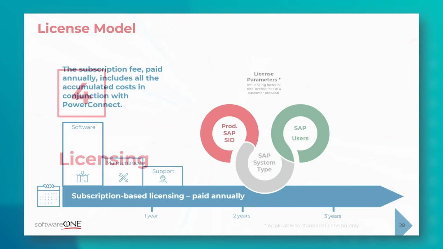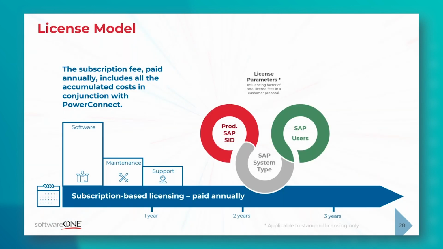So lots of customers like to talk about licensing. As a Splunk customer, you might be used to a license fee that is oriented on data ingestion. We don't have something comparable.